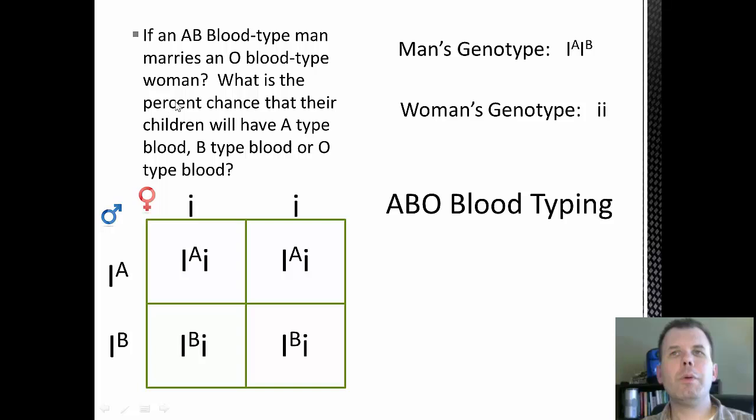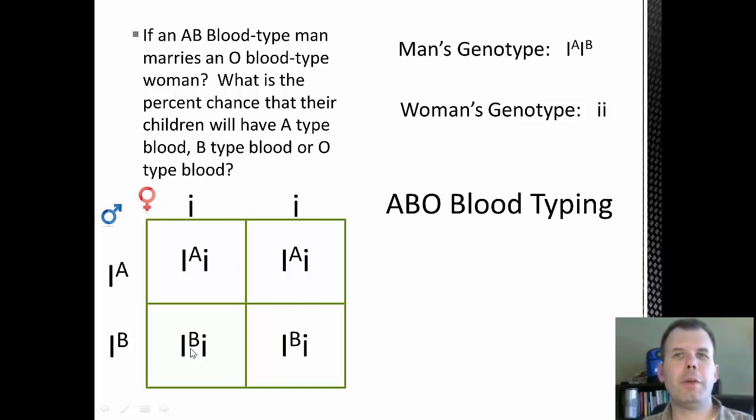Now we want to figure out what we're looking for. They're asking for the percent chance, so you count how many of the children will have A blood and how many will have B blood. We can see this child has an A and this child has an A, so they will have A blood, which is 2 out of the 4 possibilities, so 50%.